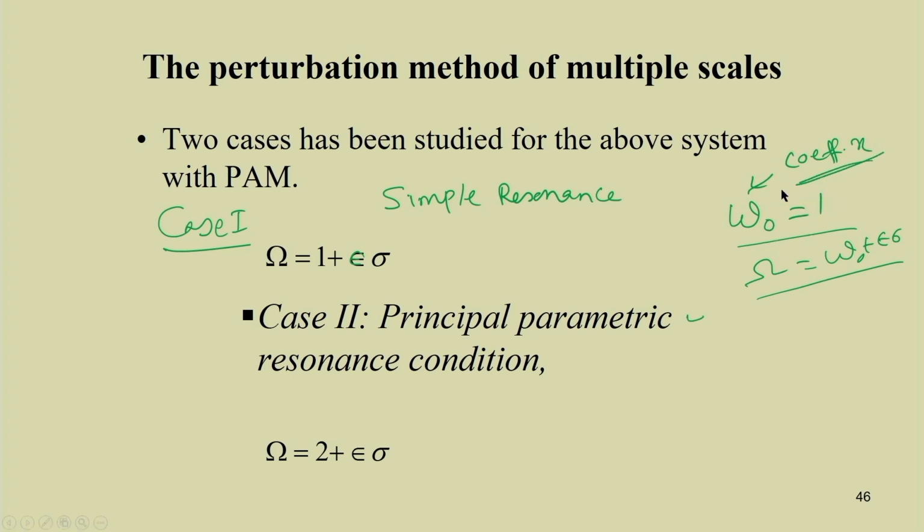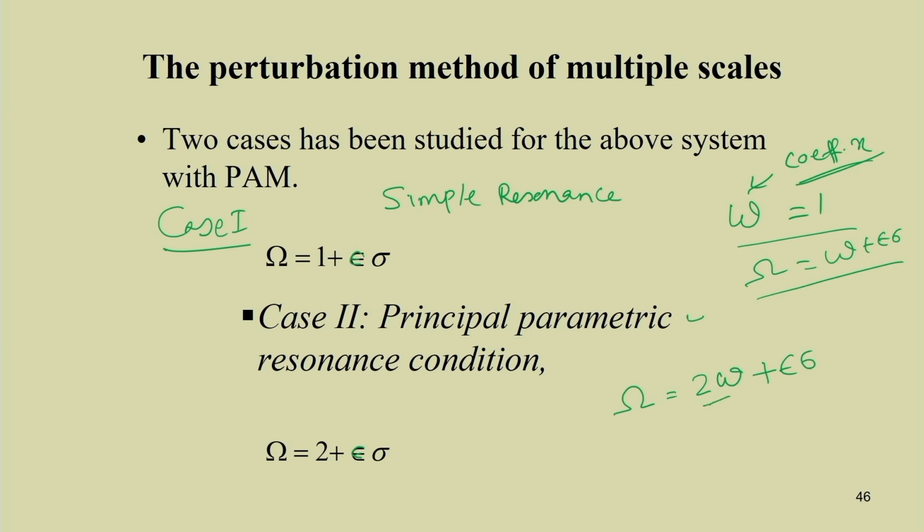This is the non-dimensional natural frequency, equal to 1. So, that is why we can write omega equal to 1 plus epsilon sigma, and in the second case we can write the principal parametric resonance condition. Principal parametric resonance occurs when the frequency is equal to twice the natural frequency. Let me write it with omega to avoid confusion: 2 omega plus epsilon sigma.